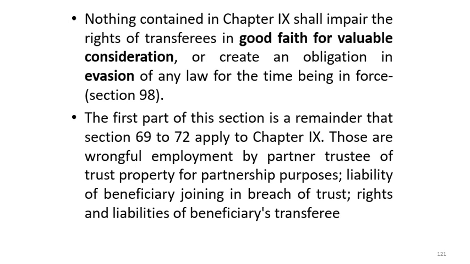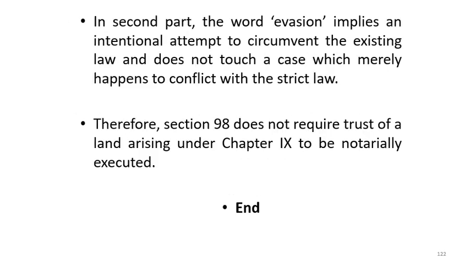We will move to second part of this slide. First part of this section is a reminder that sections 69 to 72 apply to chapter 9. Those are wrongful employment by a partner trustee of trust property for partnership purpose, liability of beneficiary joining in breach of trust, rights and liabilities of the beneficiaries transferee. In second part, the word evasion that we have clearly studied in our unlawful or lawful purpose.